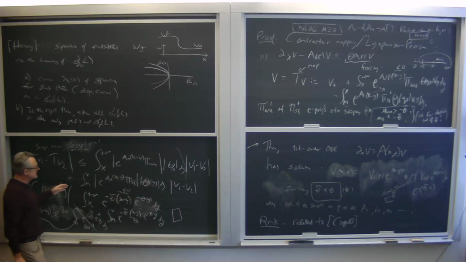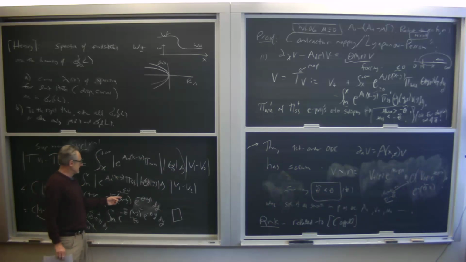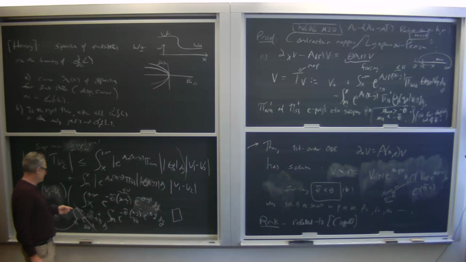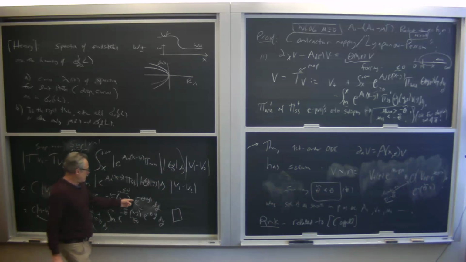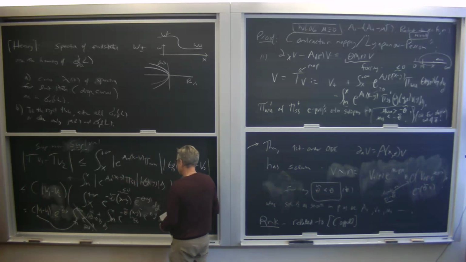Okay, so for the unstable ones, it's because I'm going backwards. And the other one is going out to plus infinity, right?